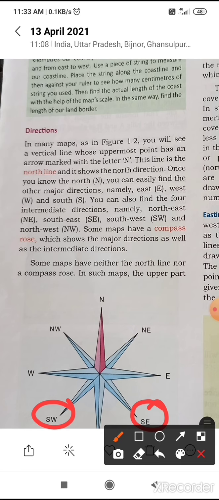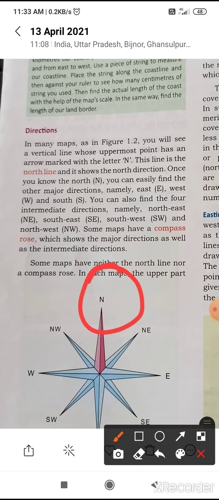You have to take the upper part as north. Then if the upper part is considered as north, then obviously you can find out the downside portion, that is south, then left and right side respectively.